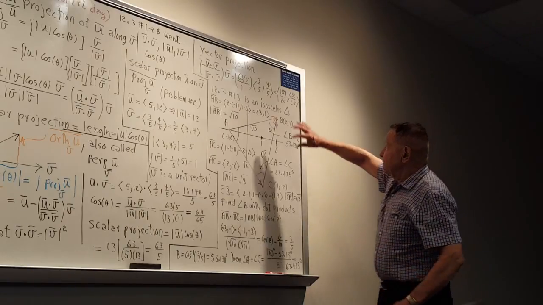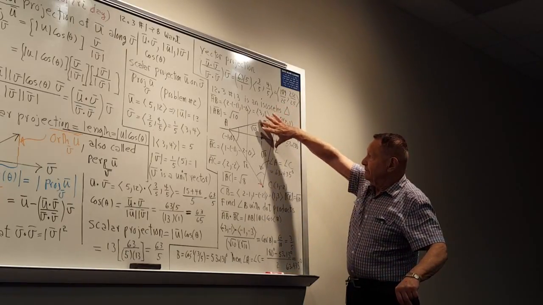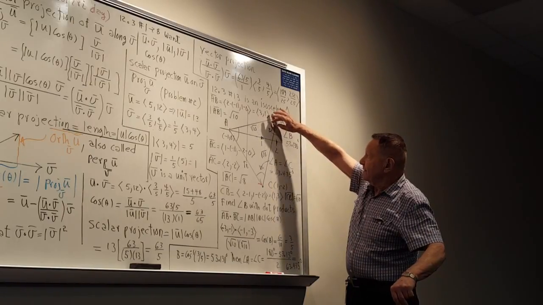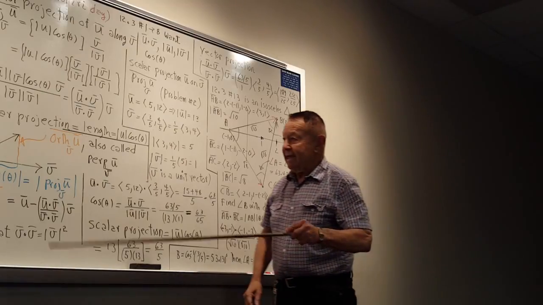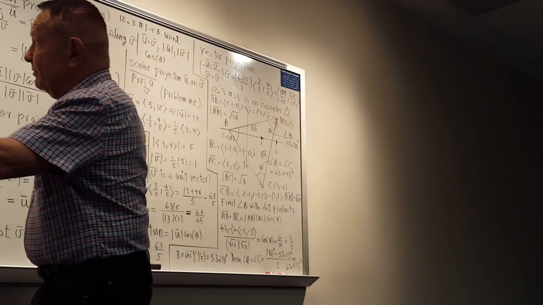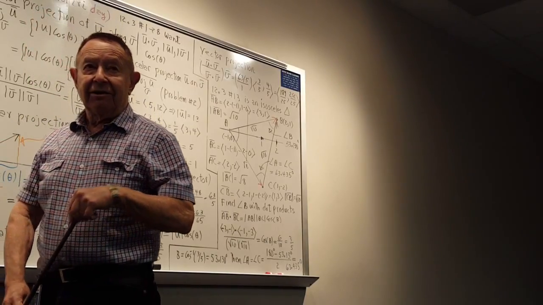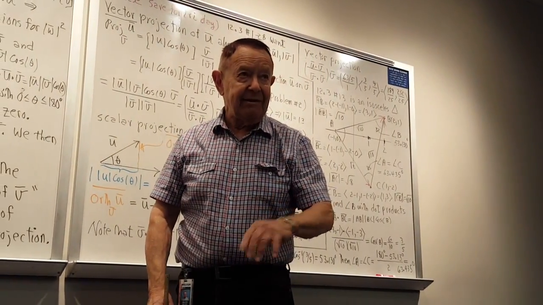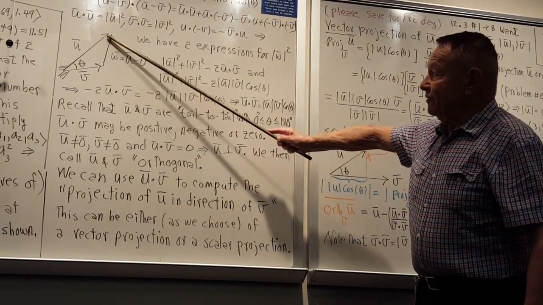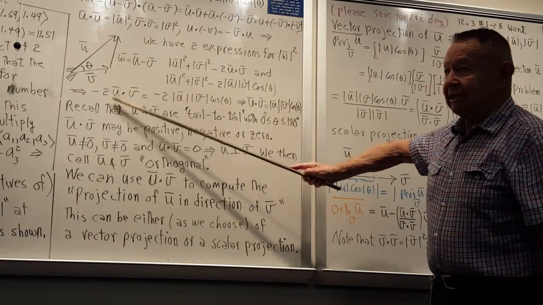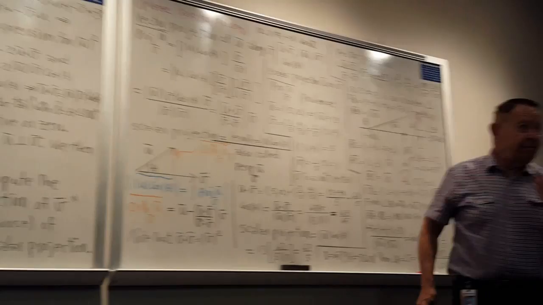So you can either, in using the dot product to get the lengths, to get the angle between the vectors, what I had back here when we were first doing it was the vectors tail to tail. However, it'll also work if they're head to head, because if you turn them around, all you do is change the sign to a minus on each one.